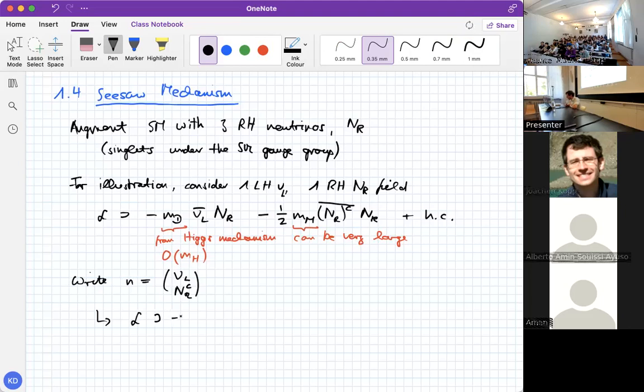And this now reads minus 1/2 n-bar times a matrix M times little n plus Hermitian conjugate. And this matrix now has the structure 0, M_D, M_D, M_M.